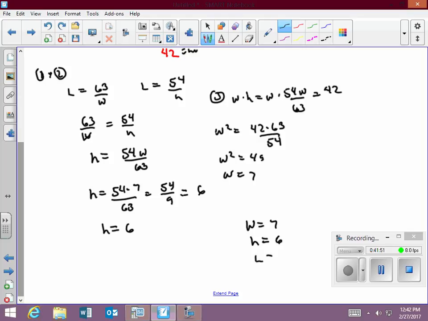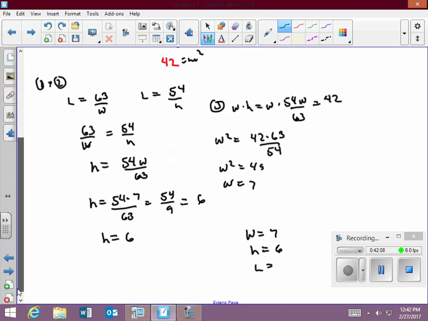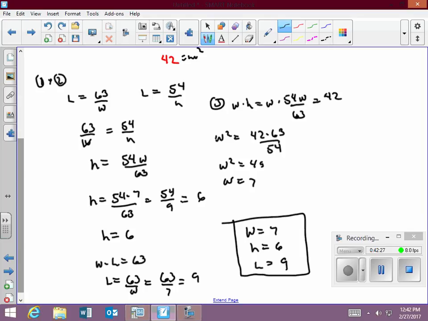And I just gotta go length. Take your pick. I can take that first equation, W times L is 63. L equals 63 over W, which is 63 over 7, which is 9. So there would be my 7, 6, and 9.